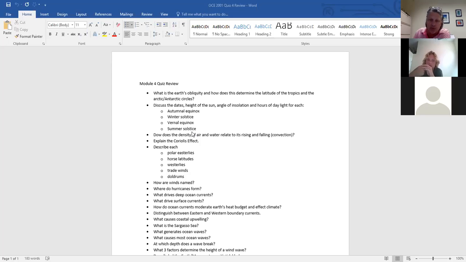The summer solstice is the opposite. The northern hemisphere is leaning 23.5 degrees toward the sun. So it's the greatest lean toward the sun. Therefore, we get the most direct sunlight in the northern hemisphere. We have the longest hours of daylight in the northern hemisphere, and the most direct insolation, or incoming solar radiation.